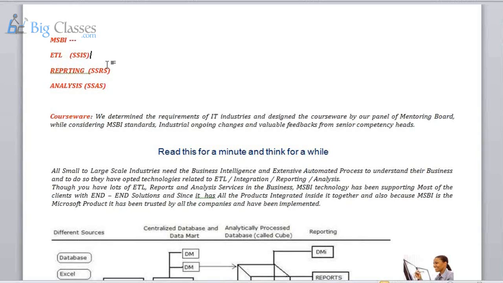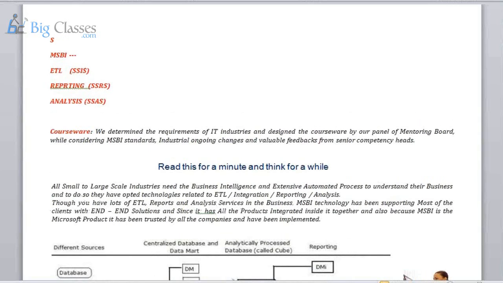Before going ahead and getting started with that, let me also tell you, this is not the only part we are going to cover, but we are also going to cover SQL Server Development, which is very important in order to crack an interview or survive in any IT company for Microsoft Business Intelligence.